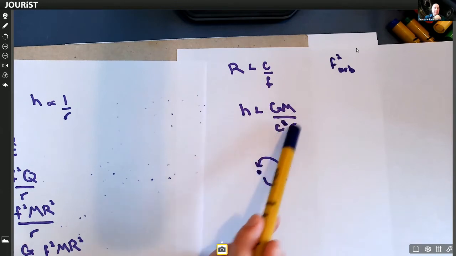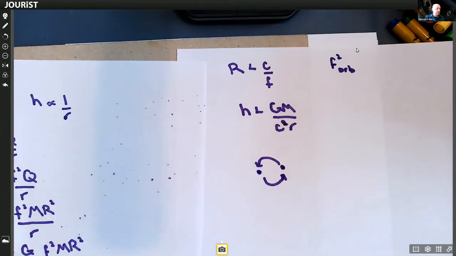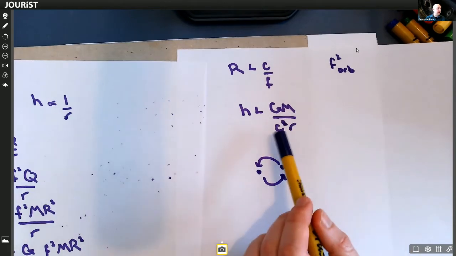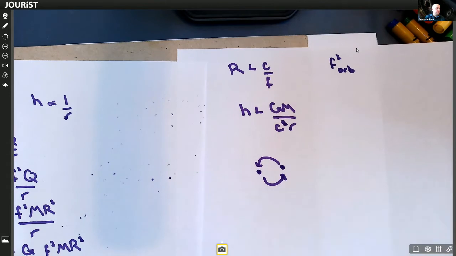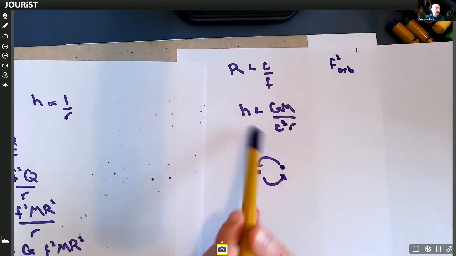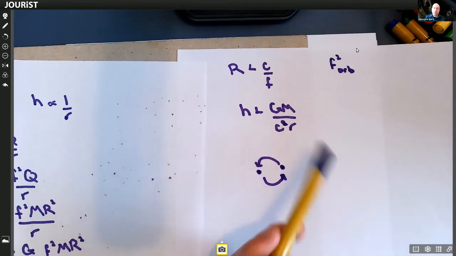Units of c squared give us the right dimensions, and if you know a bit of relativity, you'll recognize this as part of the time part of your gravitational potential for something like the Schwarzschild, something like the point mass solution. You'll see this come up. So we have the idea that our gravitational wave signal, our H, is smaller than the static potential. That makes sense in the idea that a gravitational wave is some type of perturbation to the gravitational field that changes. We're all happy with that.